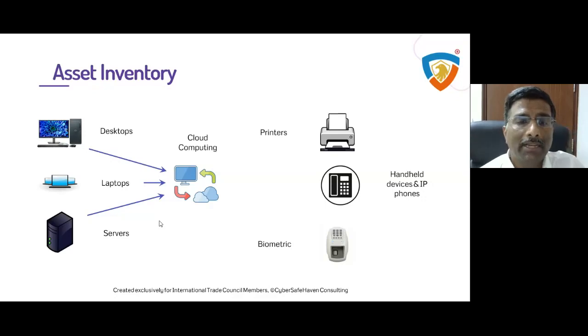So my whole point here is, when you are making an asset inventory, please remember that anything that has an IP is potentially an asset. So think about all different kinds of devices. Your access control devices, when somebody is entering your office: is there an access control device? Does it have an IP? Is it remotely controlled? Then definitely it should be considered an asset. So that's the point about this slide. So move forward.